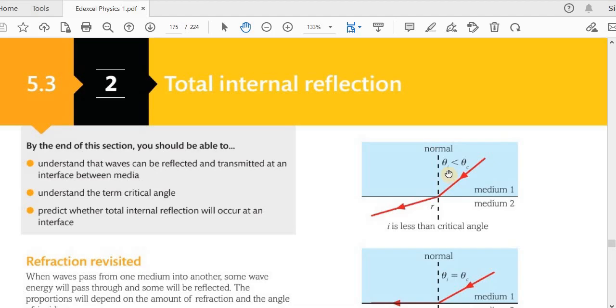Now here you can see theta I. By the way, this is a Greek letter. I think I have created a separate video explaining the Greek alphabet. You can go through that. I am explaining the letters of the Greek alphabet. If you go through that video, you will have a good understanding of the Greek letters, because we use a lot of Greek letters in physics.